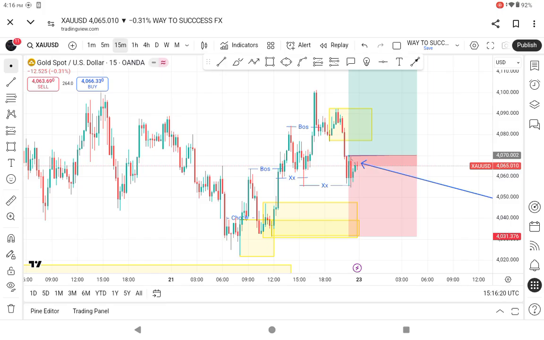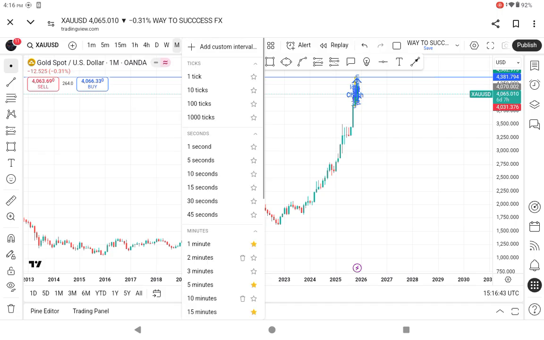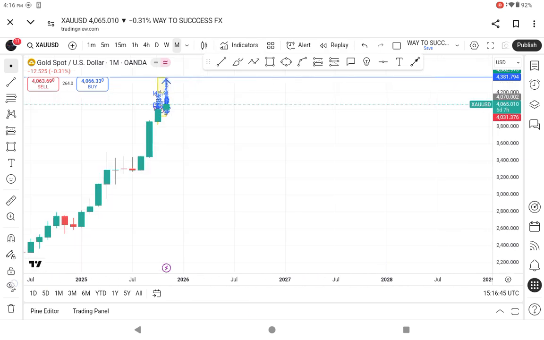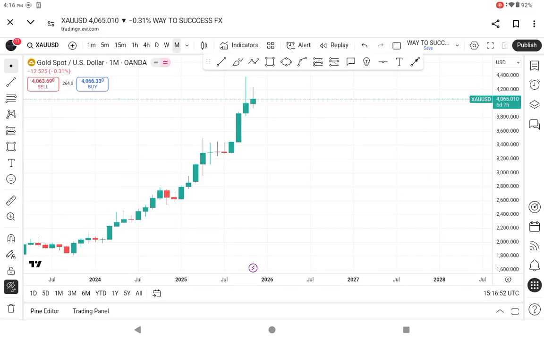No. Even if gold turns bearish, I'm going to stop trading for the moment and wait for it to give me a confirmation to the bullish side, because I know the strong momentum on gold is bullish. So why should I be trading sell on gold currently, knowing the kind of volatility that gold has? So what I will be looking for is seeing here that the market is strongly, even in monthly, still strongly bullish. Everything I'm looking for on gold should be bullish.